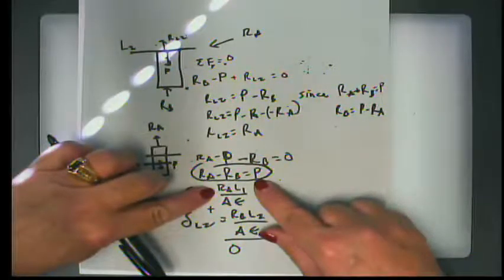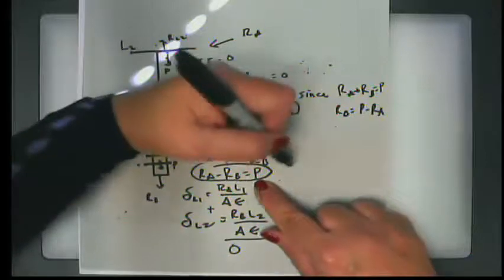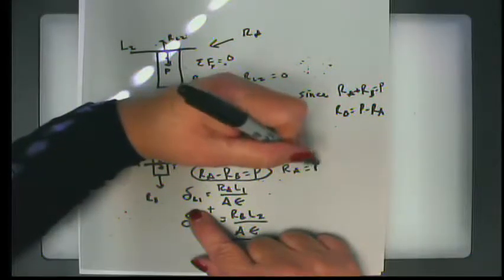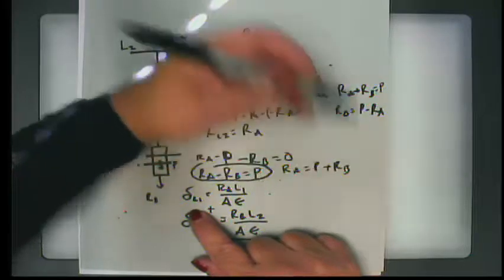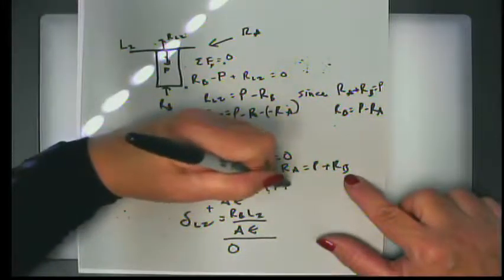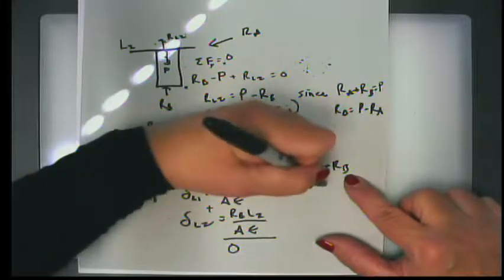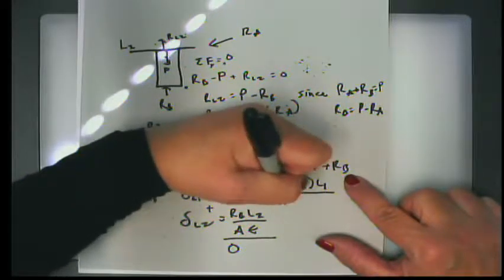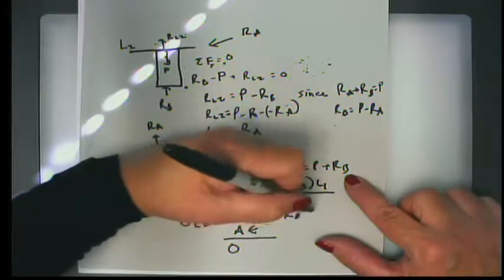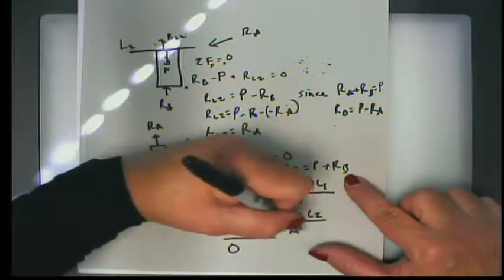I'm assuming at this point that P is known. So what I could say is that R sub A is equal to P plus R sub B. That'll work. And then I could say here P plus R_B times L1 over AE plus R_B L2 over AE.